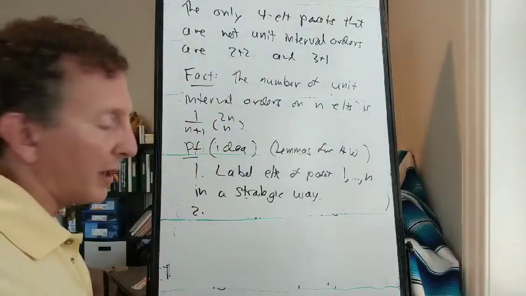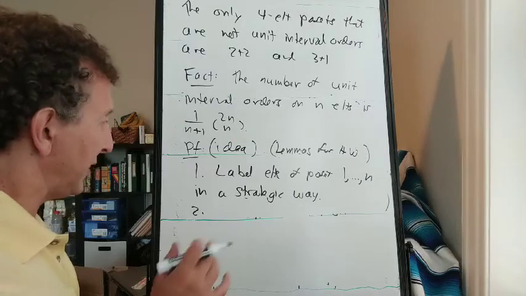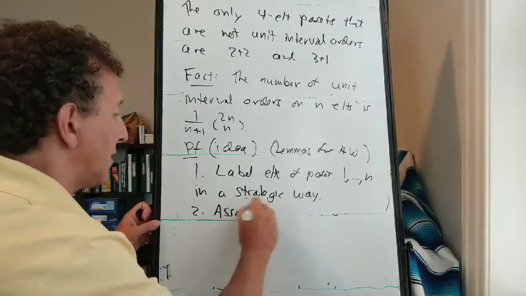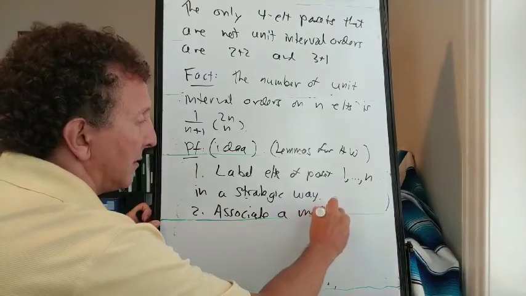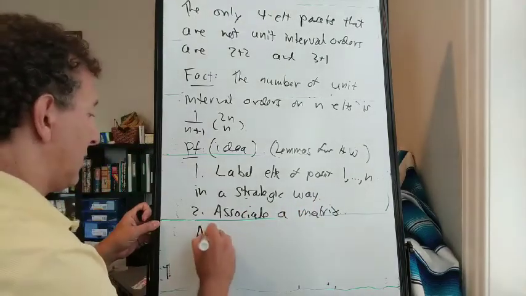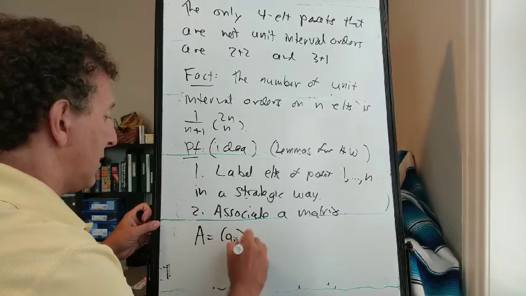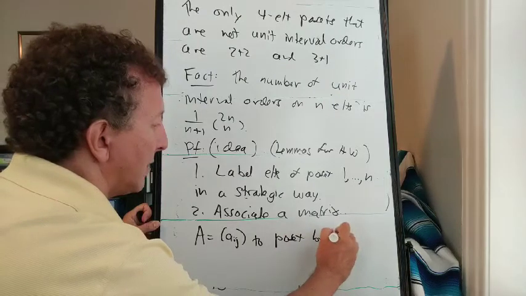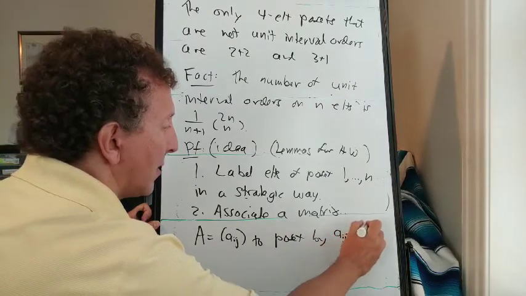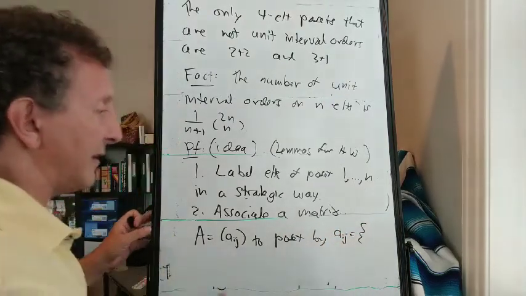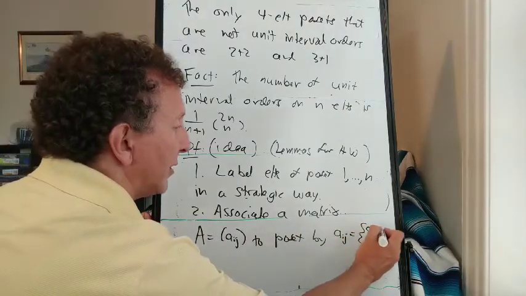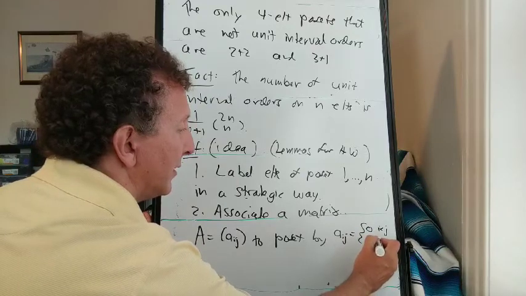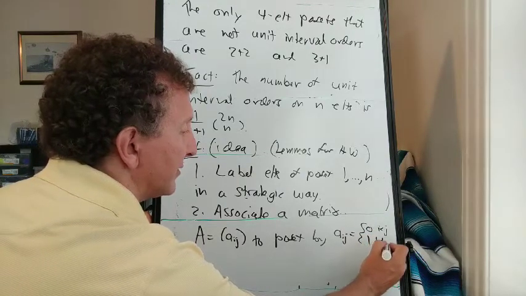And then we're going to define a matrix, or associate a matrix, to the poset, by setting the a_ij entry to be 0 if i is less than j, and 1 if i is not less than j.